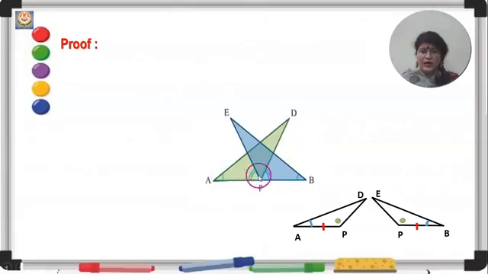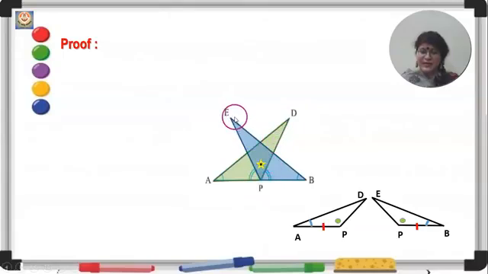Now, EPD is a common angle. Now look at this diagram. You will notice that this angle EPD with this yellow star that I have put, if I add it to angle APE, I will get angle APD.